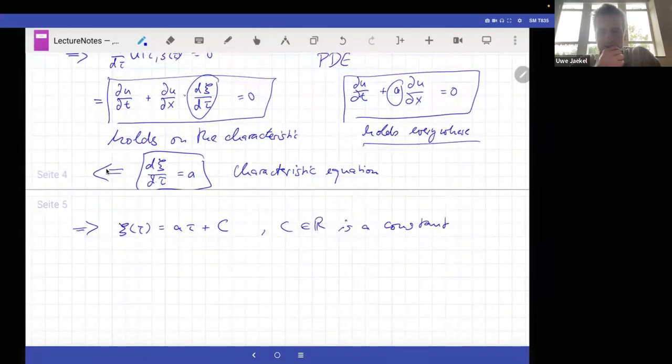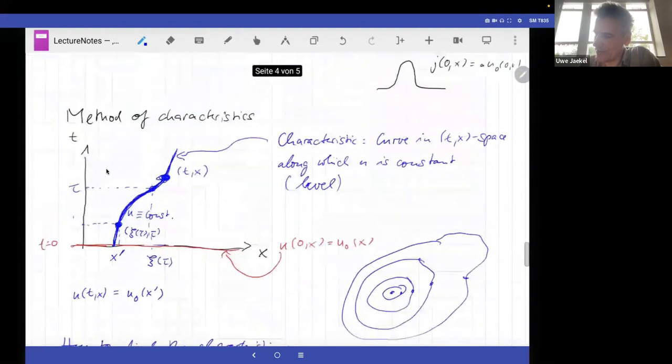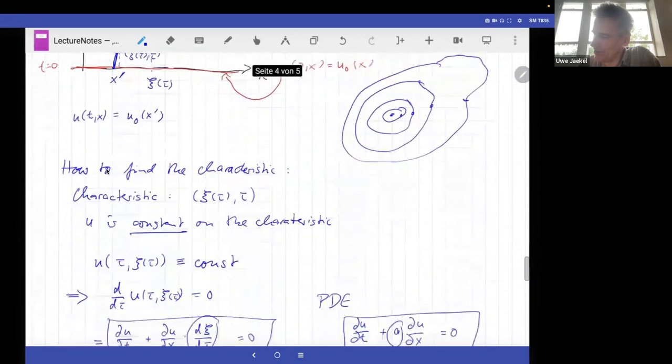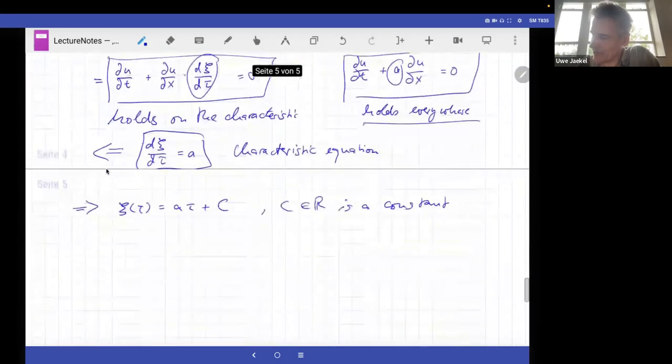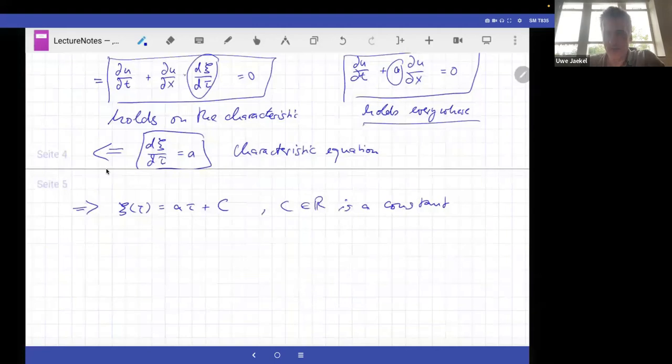How can we find this characteristic? Now we are interested in the solution at time t and point x. There are many characteristics, depending on the level line. What is the characteristic that runs through the point (t, x)?